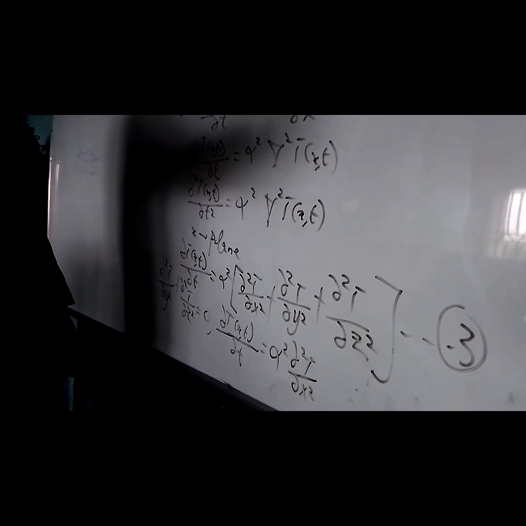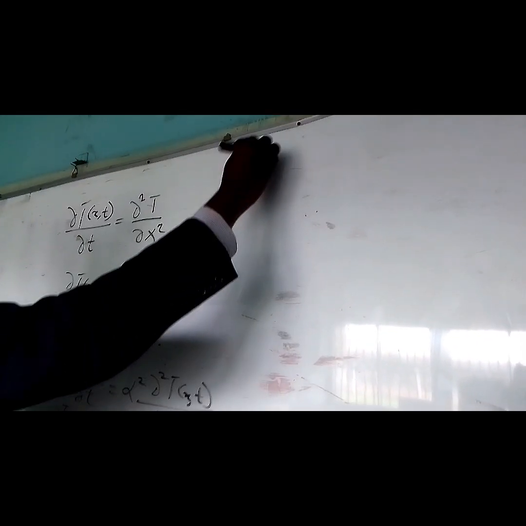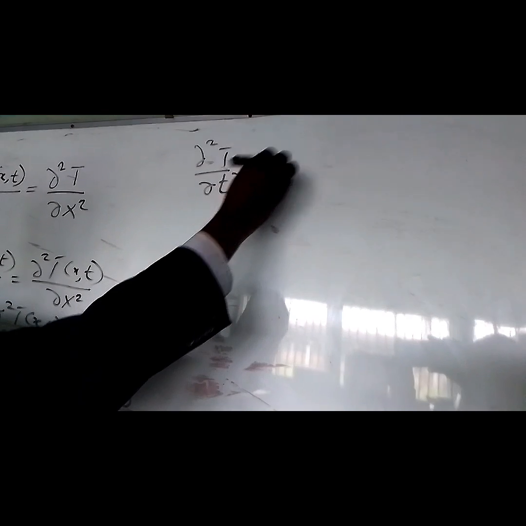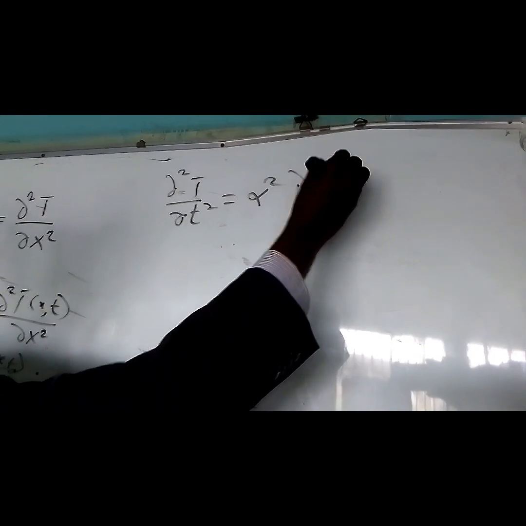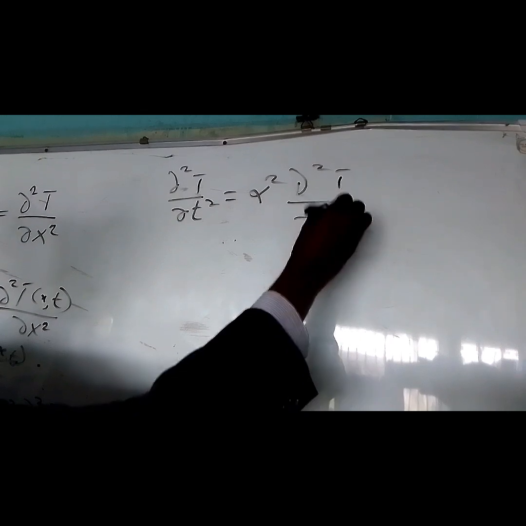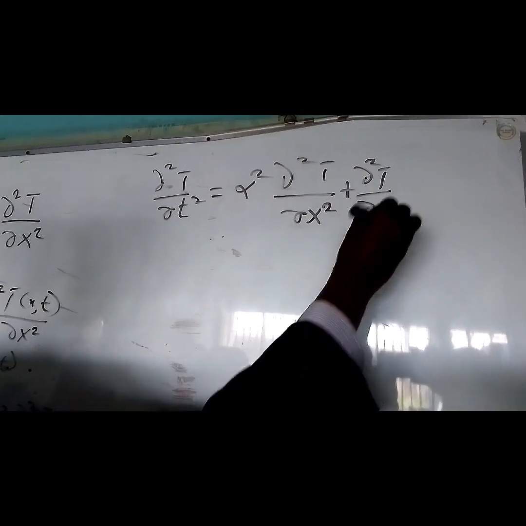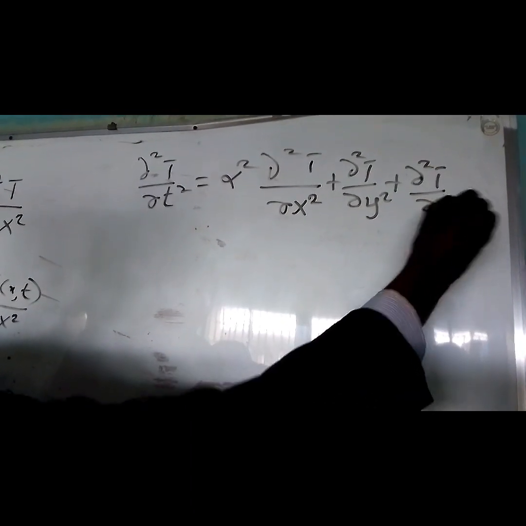Now, the same applies to the relationship for the wave equation. The wave equation is connoted as partial squared T over partial t squared equals alpha squared times partial squared T over partial x squared plus partial squared T over partial y squared plus partial squared T over partial z squared.